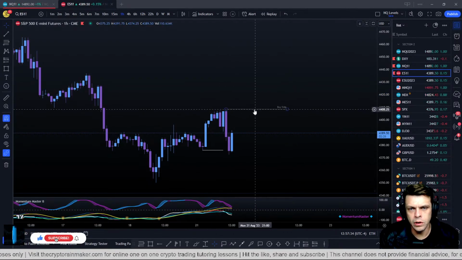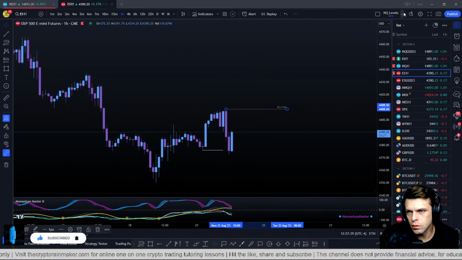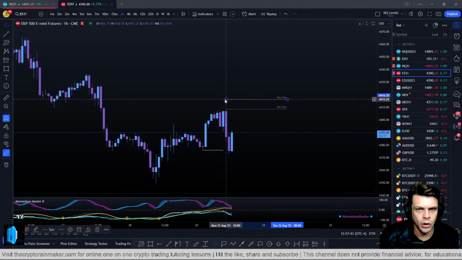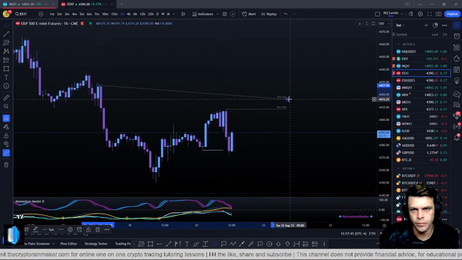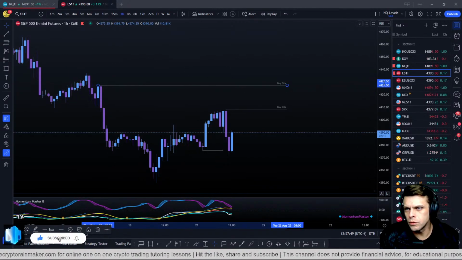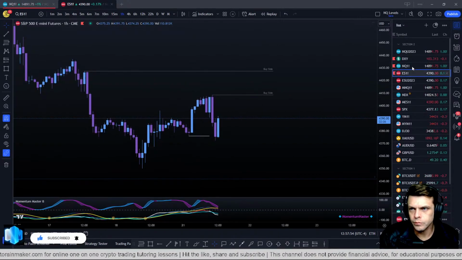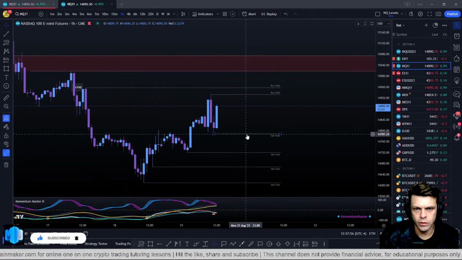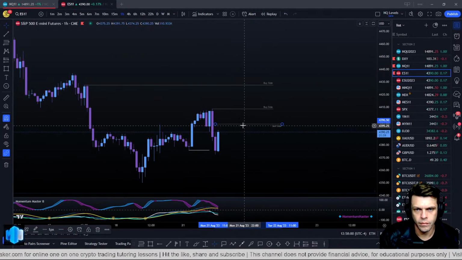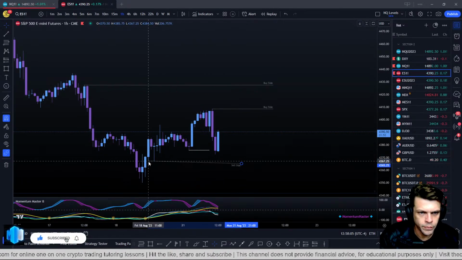Okay, so the first level on the buy side is at 4,408. And the next one that we will monitor is this one right here, which is at 4,427. This one we already came for. Gonna steal one of these lines. Okay, and then we have relative equal lows right here.